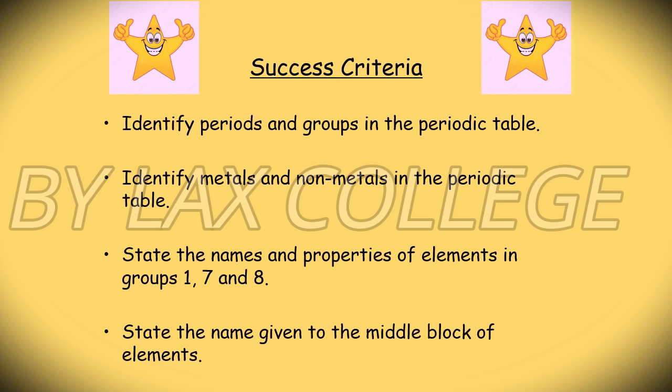So the alkali metals are very reactive metals, the halogens are very reactive non-metals, and the noble gases are unreactive non-metals. And you'd hopefully be able to also name that block in the middle of the periodic table, the transition metals.